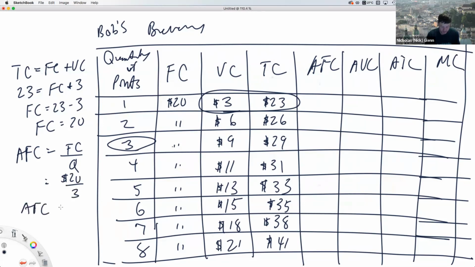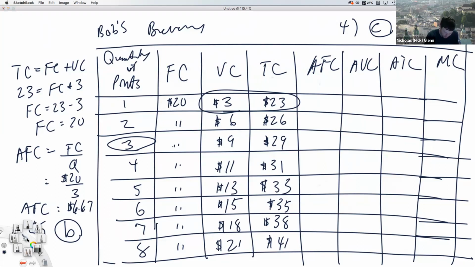So the average fixed cost is going to be 6.67. So that's B. That's number 5. And I said number 4, fixed cost is always 20. And so that's going to be C for that. It's always 20. Oh, it's number 5, sorry.